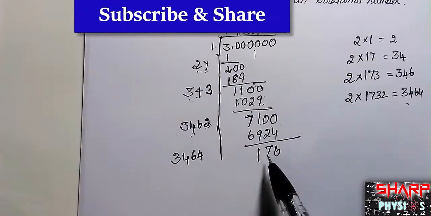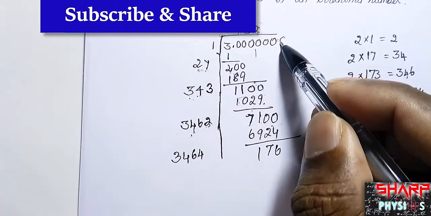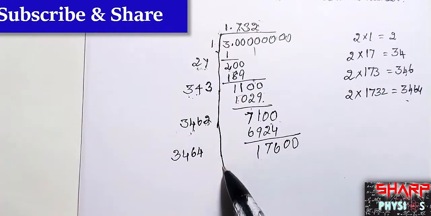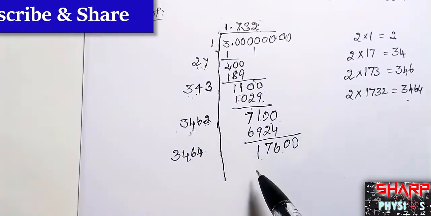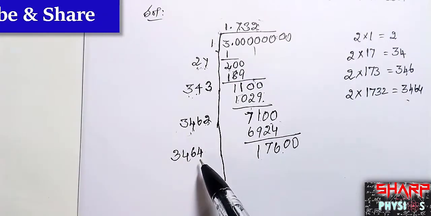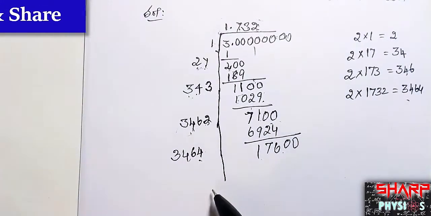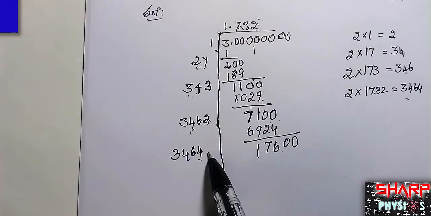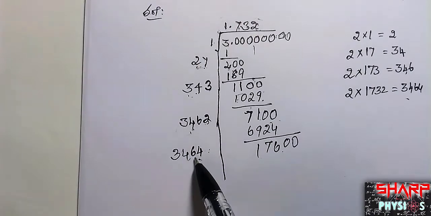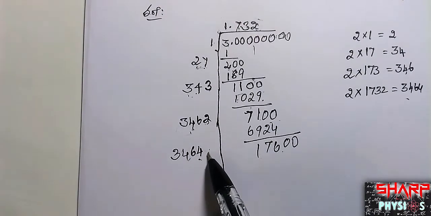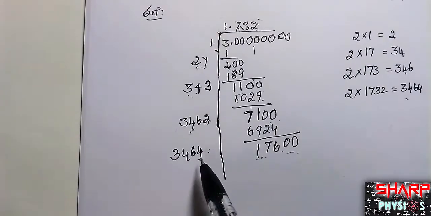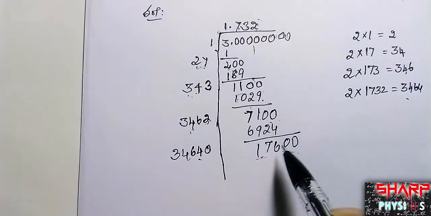If you place 2 zeros again, the problem here is that this number is much less than this. Because if you place 1 here and multiply by 1, it will become 34,641, but this will be lesser than that. So we can use only 1 zero.